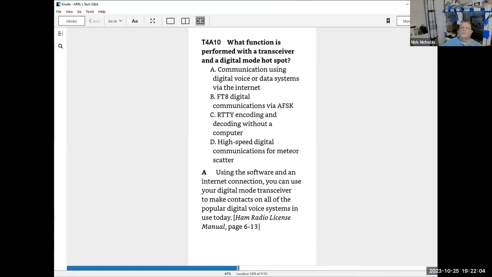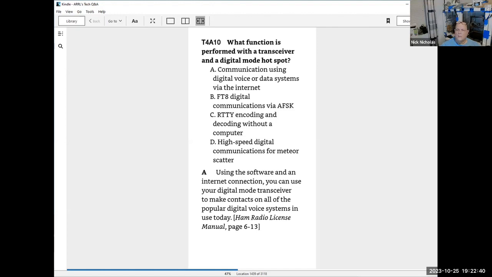What function is performed with a transmitter and digital mode hotspot? Well, digital mode hotspots. Well, I'm missing the antenna for the second channel for this one. But this, I don't know if you see it or not, because I can't see it, is a digital mode hotspot. When you're operating in digital mode, hotspots like that one will allow me to hook that to my local repeater digitally through the internet.